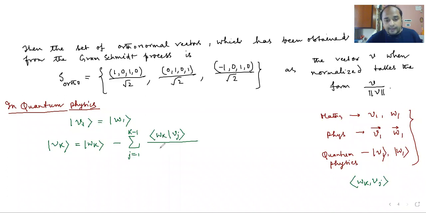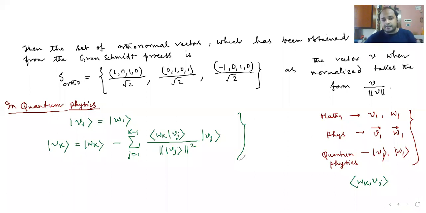And the norm is written the same way as it is, but only the vector notation is introduced. So we write it in this manner and multiply it with the vector VJ. This is the representation of the Gram-Schmidt formula in quantum physics.